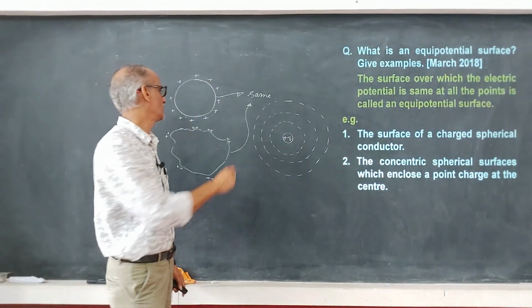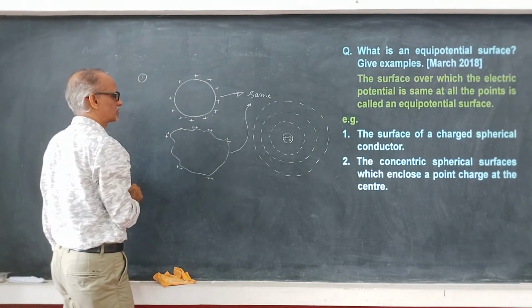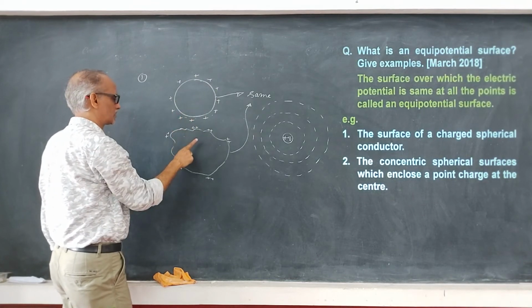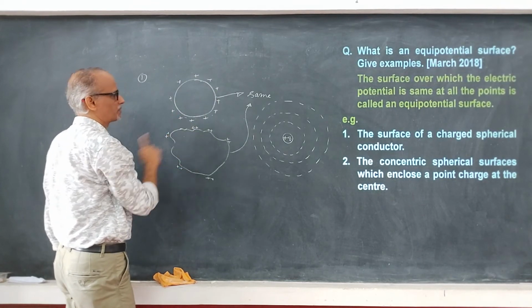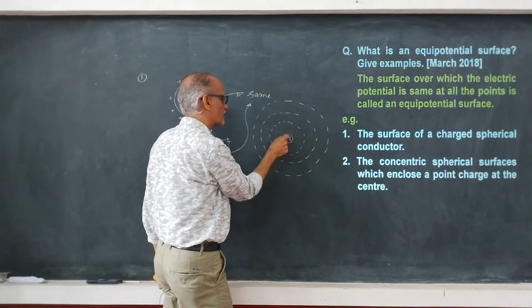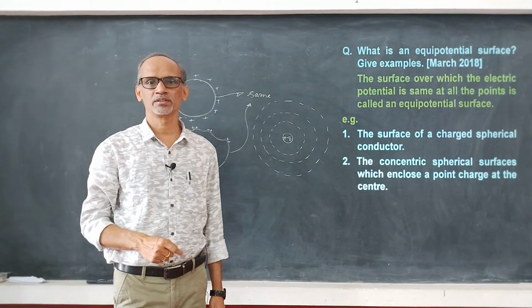So, a charged spherical conductor or conductor of any shape is an example, and one more example is a concentric sphere with the charge at its center.